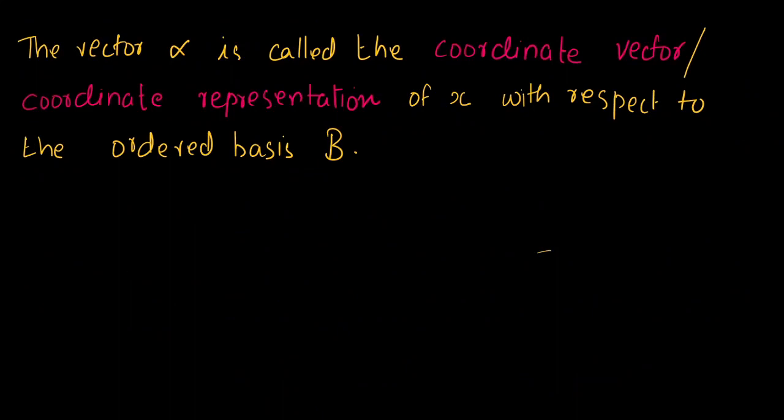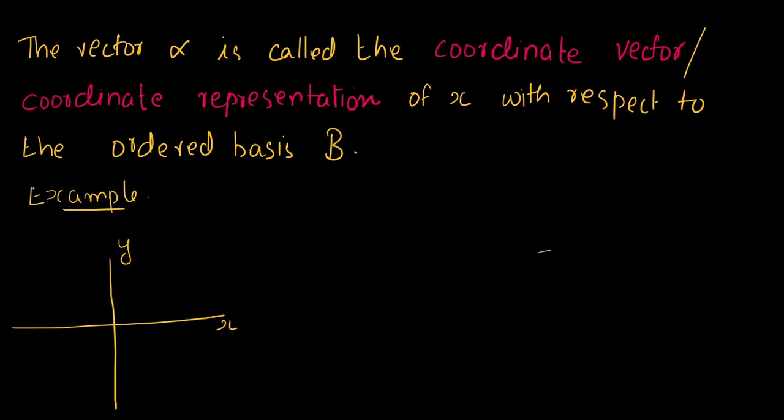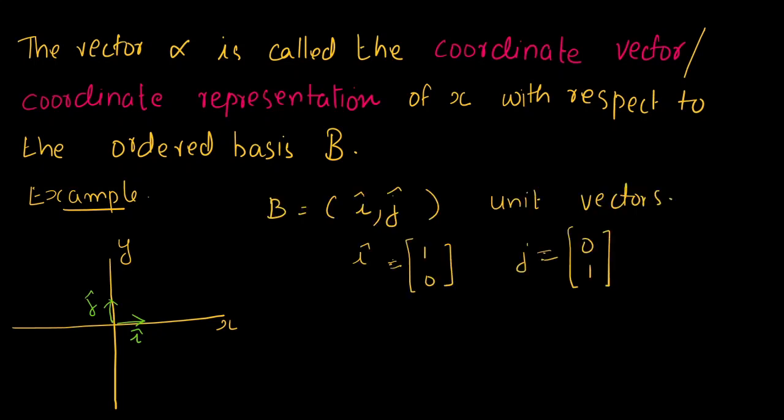The vector alpha is called the coordinate vector or the coordinate representation of x with respect to the ordered basis b. For example, we can take an xy plane like this, where i and j are the bases. i is represented as (1, 0) and j as (0, 1).